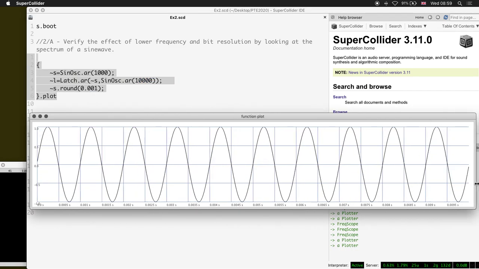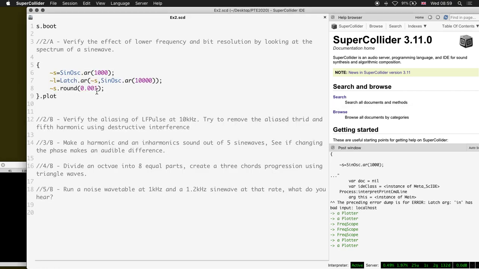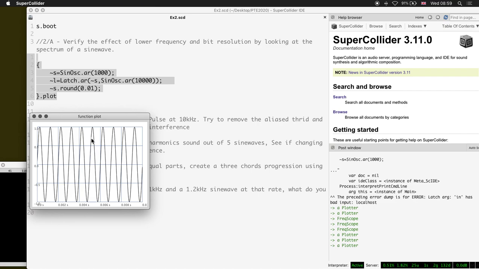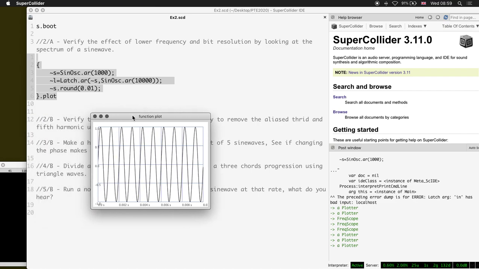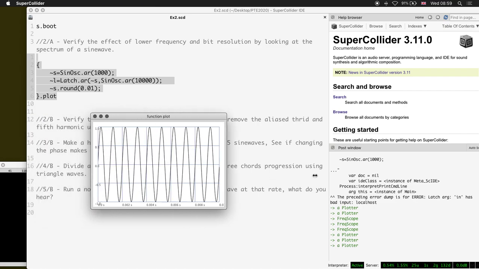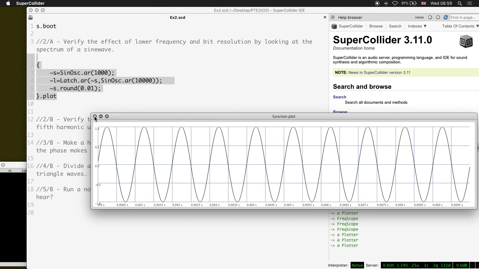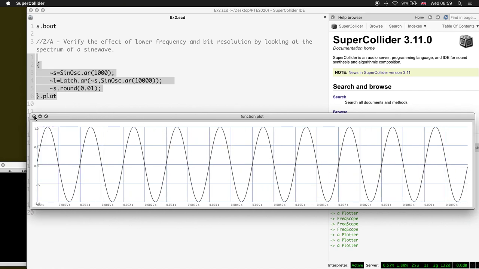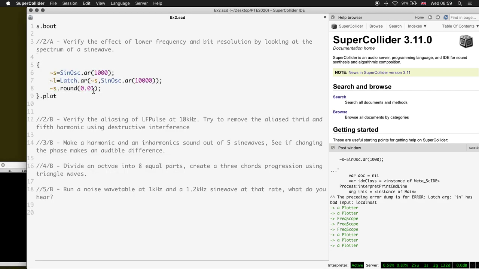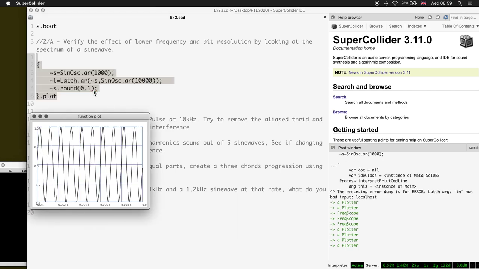I can't quite see it, to be honest. Slightly less. Still can't see it. I believe this was the way to do this. Round, round. UGens normally respond to round. Okay. My last attempt.